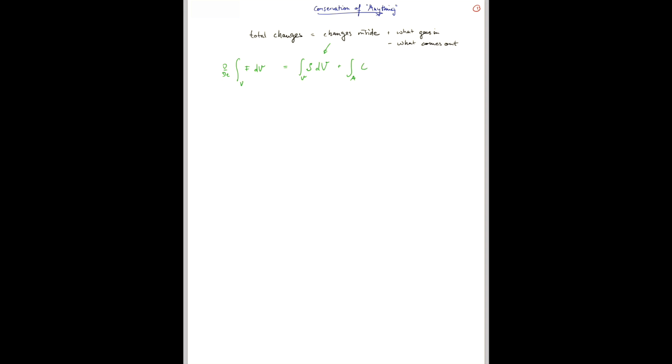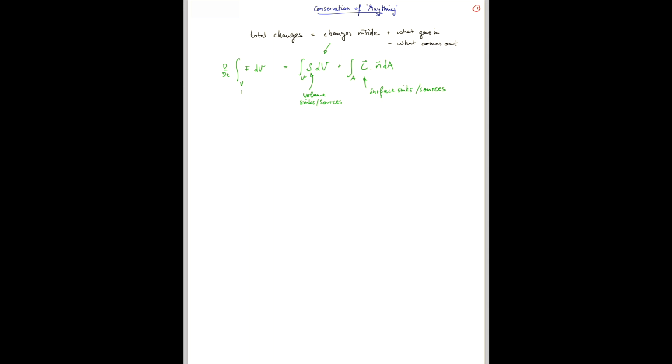So here we call this some C dot N dA. So this would be the flux through the surface boundary. And in that case, C is surface sinks or sources, and S here is volume sinks or sources.